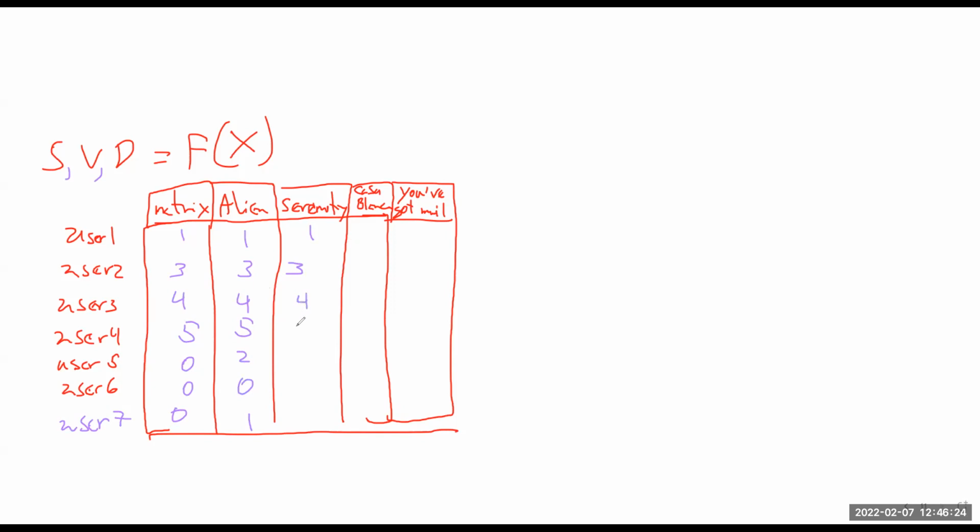You have 4, 5, 0, 0, 0. And then this one is 0, 0, 0, 0, 4, 5, 2. And finally 0, 0, 0, 0, 4, 5, 2.